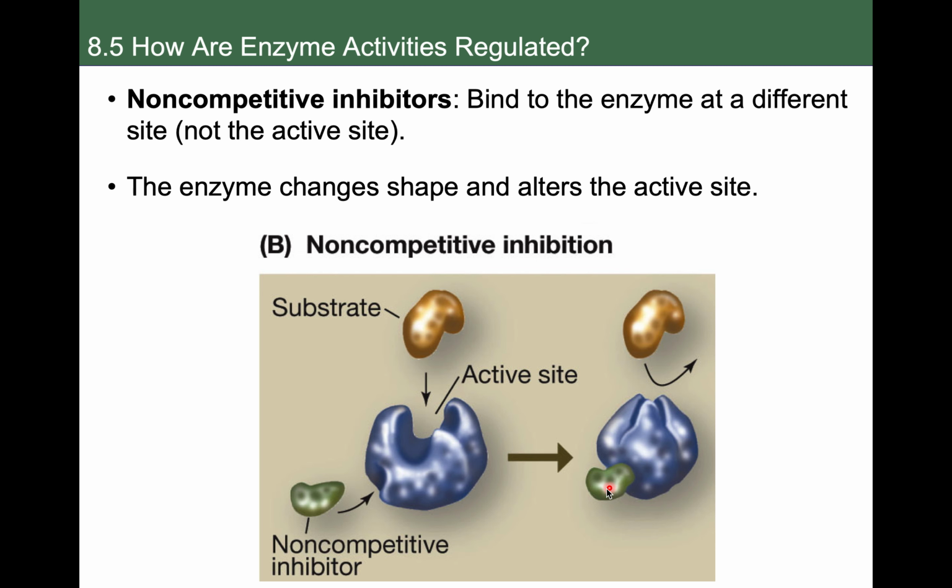So even though this little green molecule, the inhibitor here, has not touched the active site, when it bound to the enzyme, it caused the active site of the enzyme to change its shape, so substrate can't bind properly, and the enzyme obviously can't do its job properly. So inhibition could be competitive, could be non-competitive, could be reversible or irreversible, just depending on the particular situation that we're dealing with.